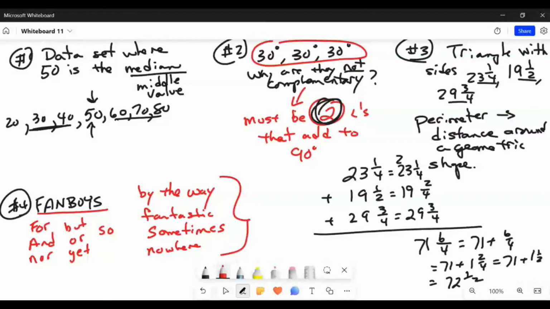Let's see, let me find it here. Make sure I'm getting the right one.